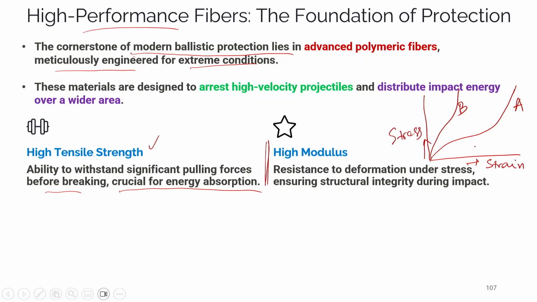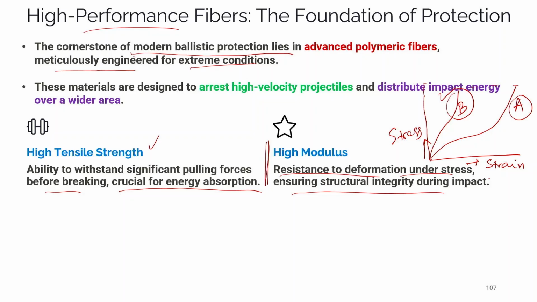Both the fibers have say the same breaking stress. Which one has to be used? B has higher modulus and A has lower modulus, because A will deform under a lower stress. So, if we use the high modulus B fiber, it will resist deformation under stress, ensuring the structural integrity. So, the structure will not get deformed. But at the same time we have to see the energy absorption capability.